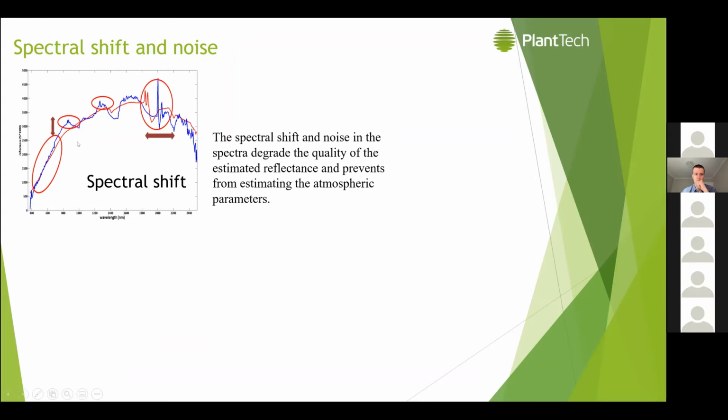Here is an example on the screen. The red line is the signature obtained from the field spectroradiometer, and the blue line obtained from the airborne imaging spectrophotometer is not matching well. You see there are a lot of spikes arising from the airborne signature. These errors significantly propagate through the analysis, and the quality of the final reflectance product degrades significantly.